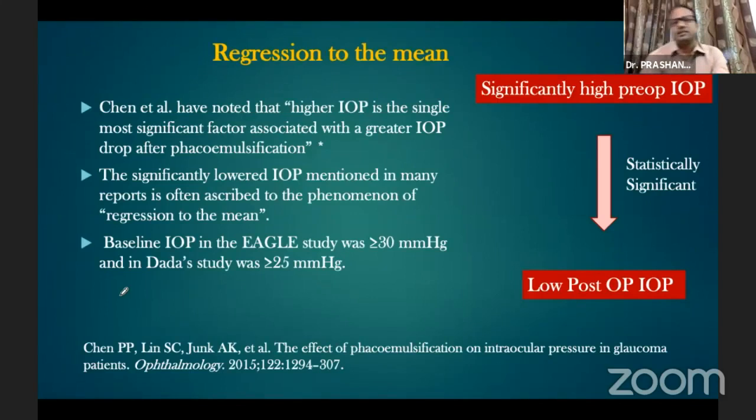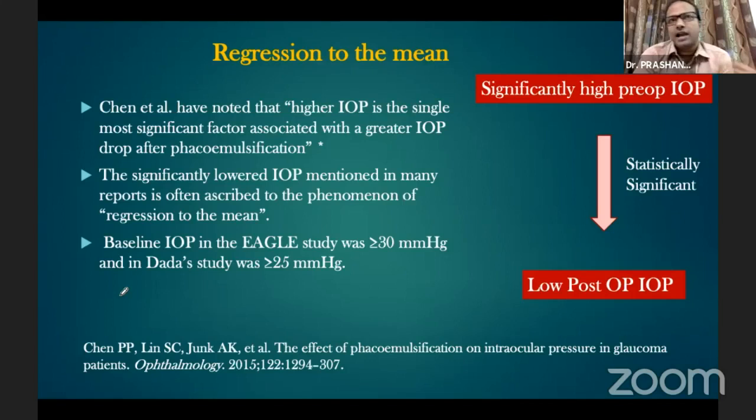Regression to the mean. Now, this is again a limitation of this study. Chen et al. have noted that a high IOP is the single most significant factor associated with a greater IOP drop after phaco. What does it say? Regression to the mean is a statistical phenomenon. If you have a significantly high pre-op pressure, and after doing a procedure the IOP drops, that extrapolates that the procedure itself is the reason behind the significant drop in pressure.